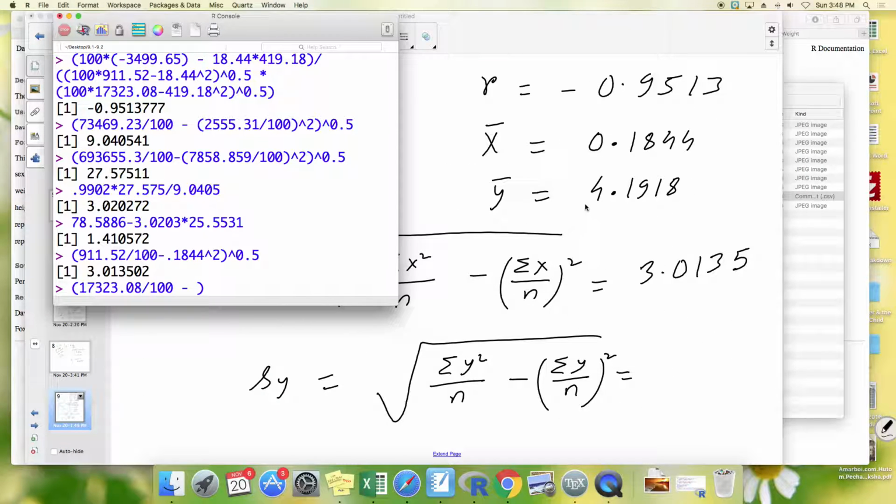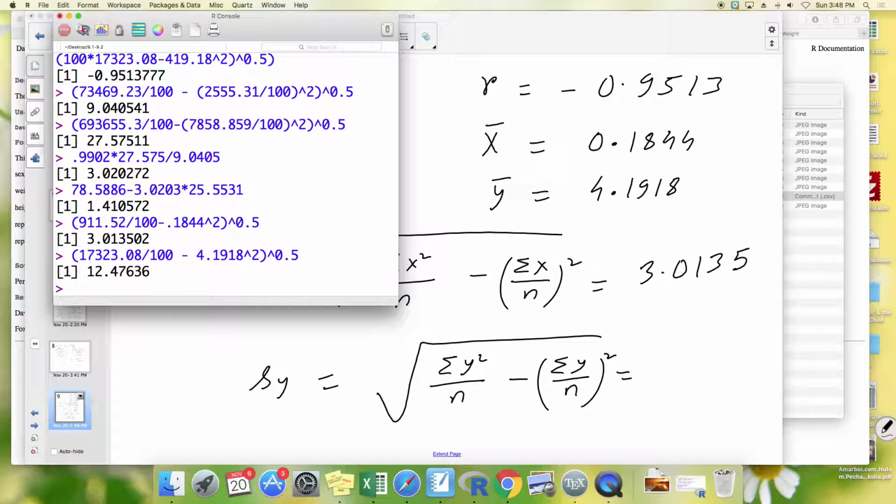So summation y by n is 4.1918, take the square of that, and take the square root of the whole thing, which is 12.4764.